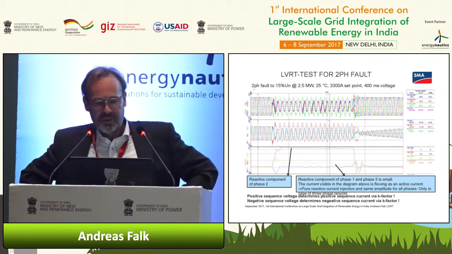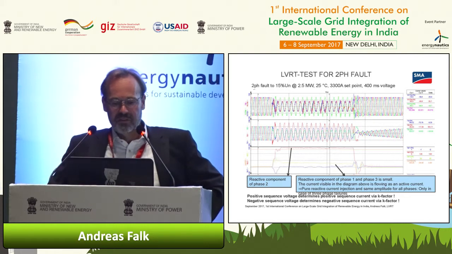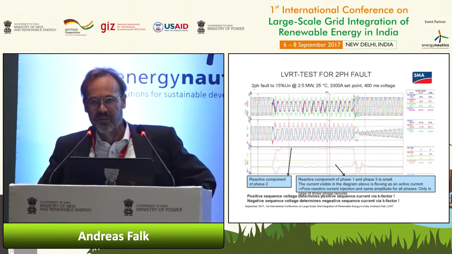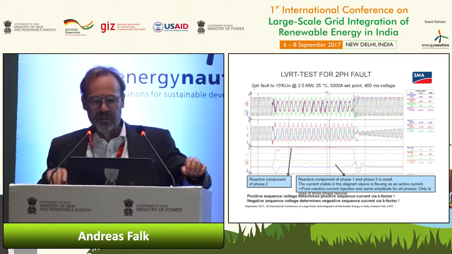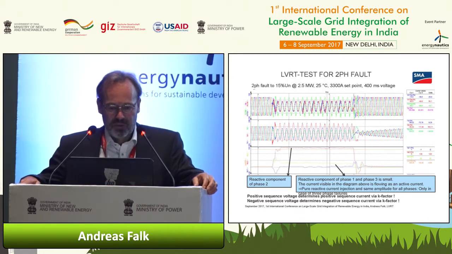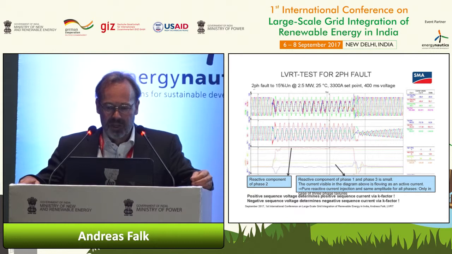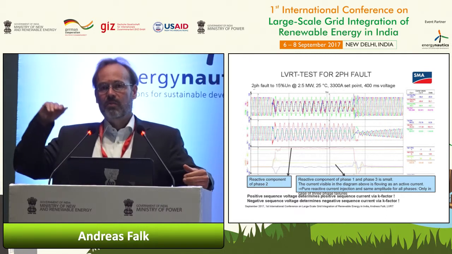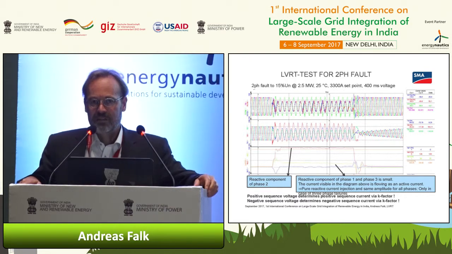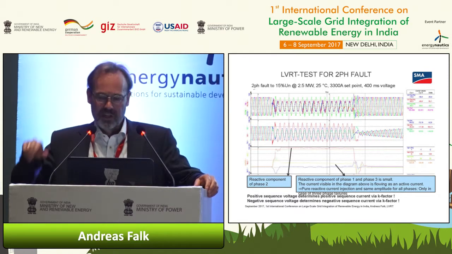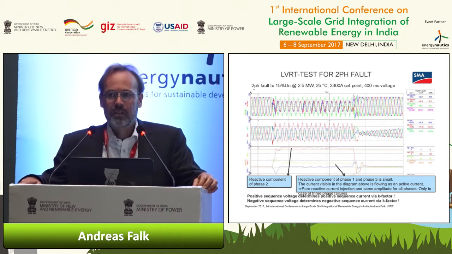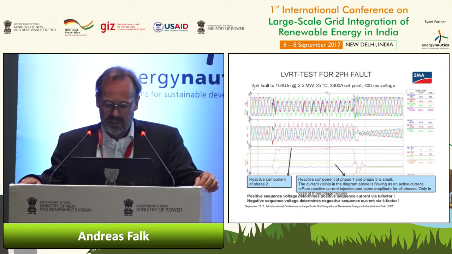And what is important is that the positive sequence voltage determines the positive sequence current via the k factor. When you inject, for example, reactive current during the event in the not affected phase, then you raise the voltage in the not affected phase beyond the nominal voltage, and that may harm loads connected to that phase.